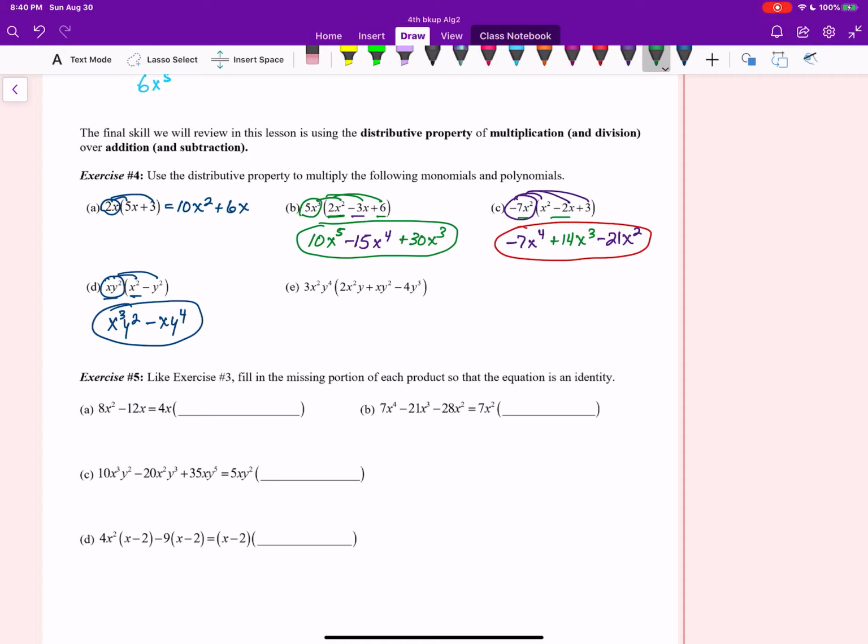E, distributing 3x squared y to the fourth over another trinomial. That's 3 terms inside parentheses. Three times 2 is 6. x to the second times x to the second is x to the fourth. y to the fourth times y to the first is y to the fifth.